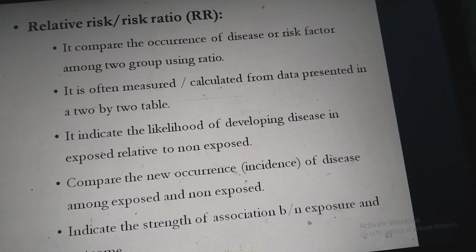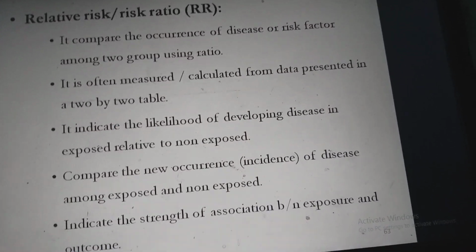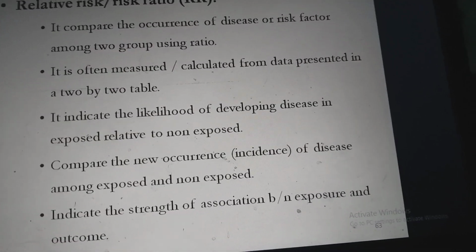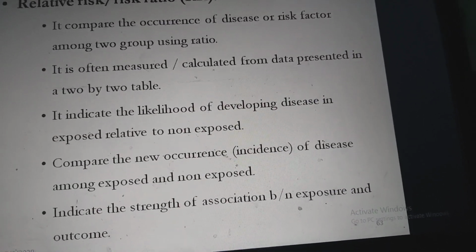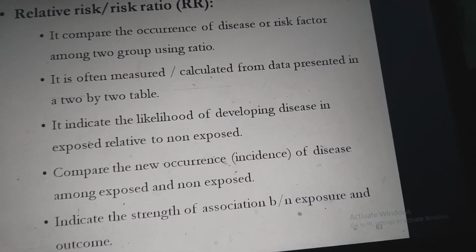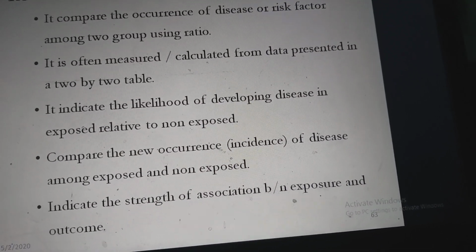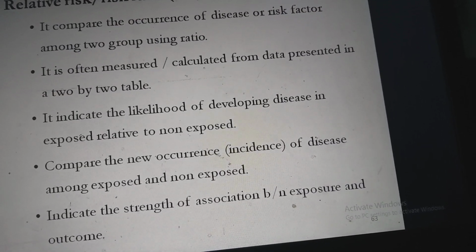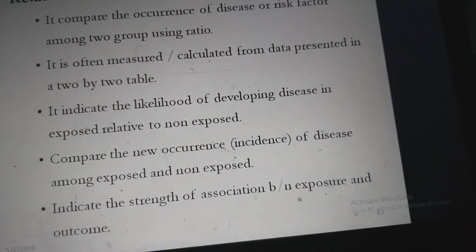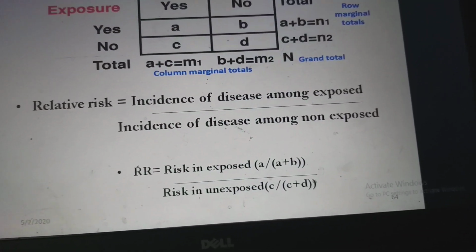Exposed means those exposed to different kinds of materials or agents. Non-exposed means not exposed at all. Then we compare the new occurrence, the incidence of the disease, among exposed and non-exposed, and we calculate the strength of association. Is there an association between exposure and outcome? We are going to calculate this with relative risk.